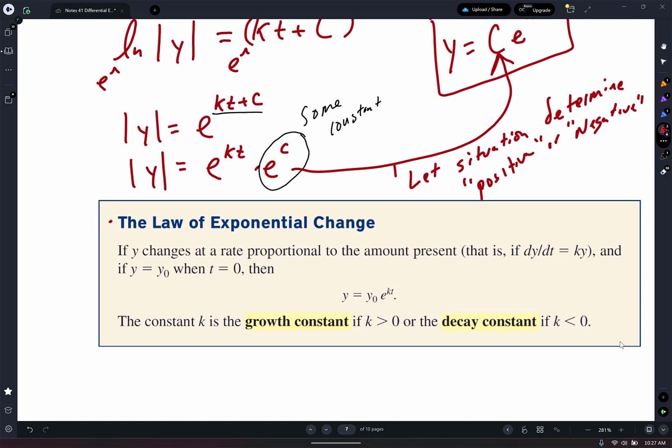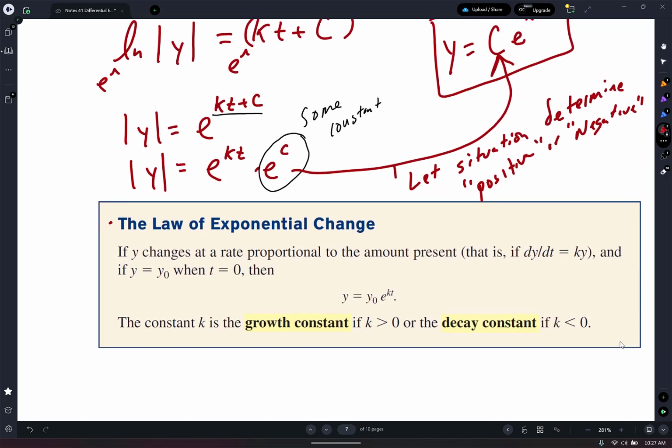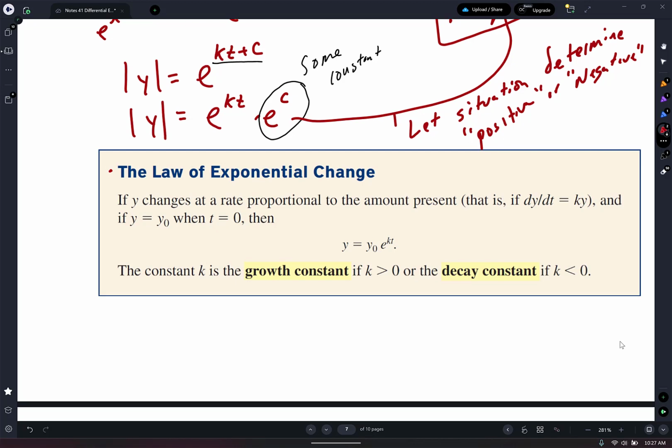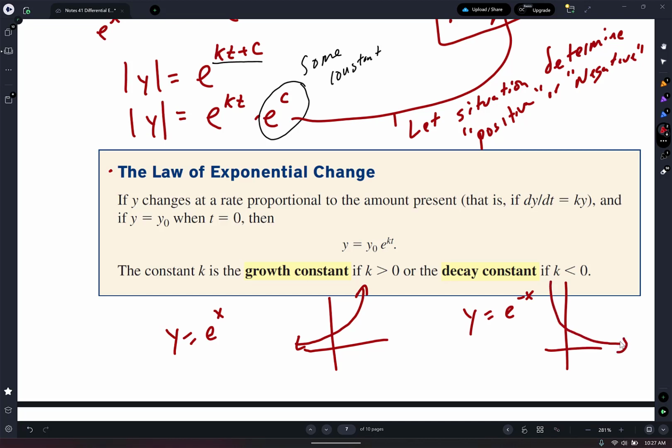The reason why e to the kt. Remember e to the x? That expression looks like this. And then if I have y equals e to the negative x, that looks like this. Notice that it's always positive. You guys notice that? So this is growth.